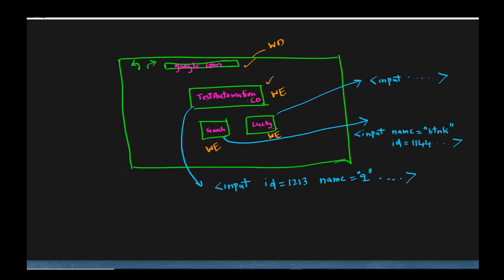If WebDriver wants to find an element to enter testautomation.co in the search text box, it has to do driver.find element, and then we provide a parameter: By what? By.id is one option.